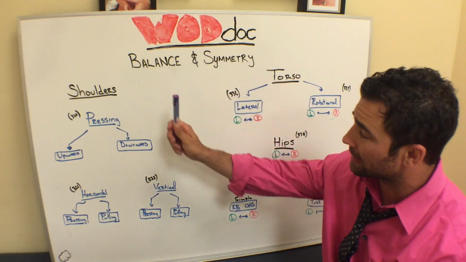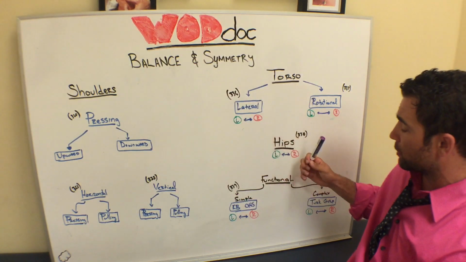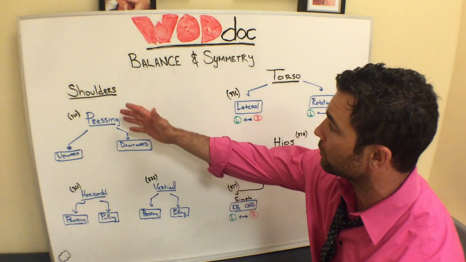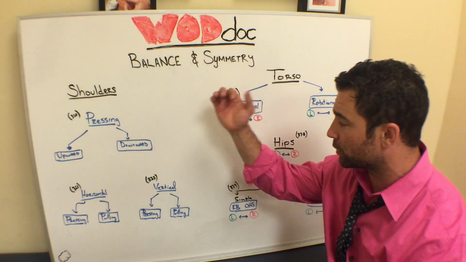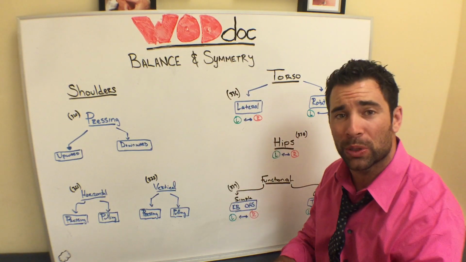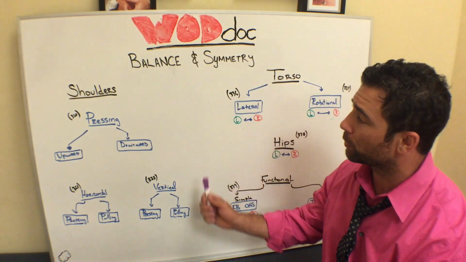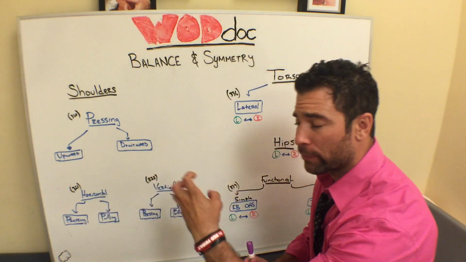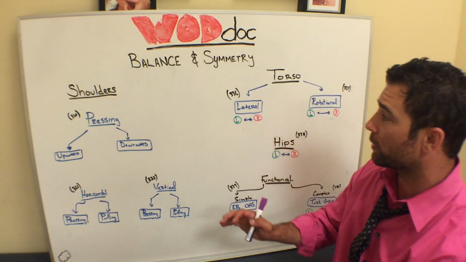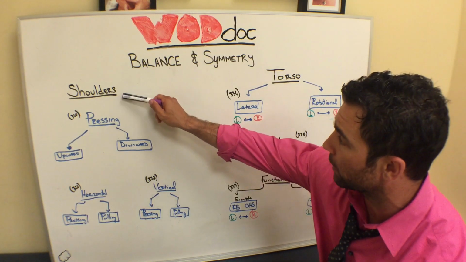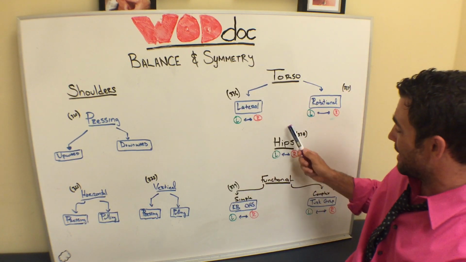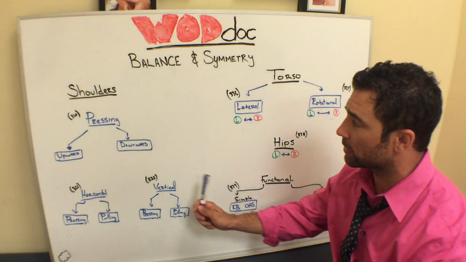Now, when we look at these things, I just want to point a couple things out, because what I tried to do is create a little flowchart for you that will hopefully streamline this. This is the way I want you to look at it for yourselves, just as an overview or a roadmap, so to speak. I want you to look at a couple things here. We have shoulders, torsos, hips, and functionals. I'll talk about those in a second.